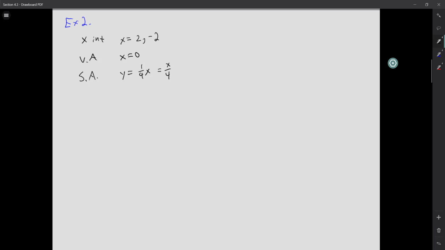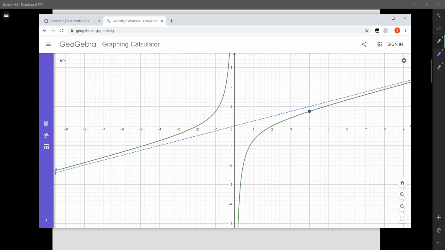And I also have a hole at x equal to 4 and whatever the y value is that goes with that. So somehow, probably at the very end, we're going to fix my function so that it's going to be undefined at x equal to 4.